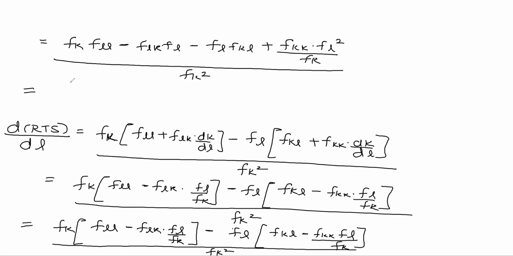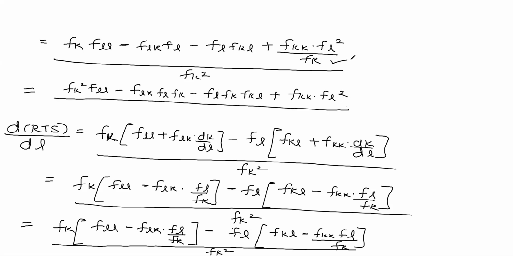So if I take the LCM, it is FK square into FLL minus FLK FL FK minus FL FK FKL plus FKK into FL square, upon this FK, and this FK square makes it FK cube. So guys, all this is equal to dRTS by dL.